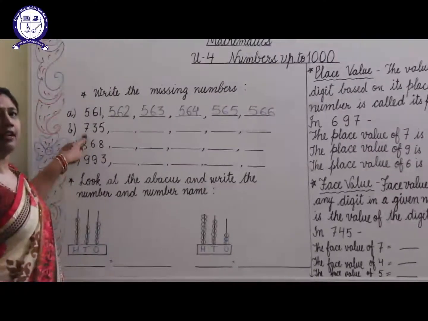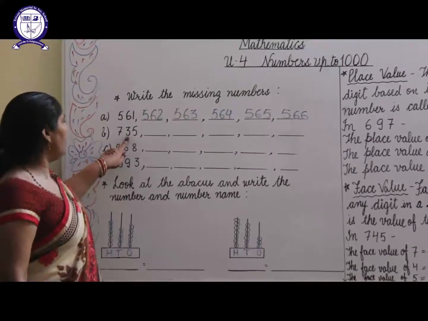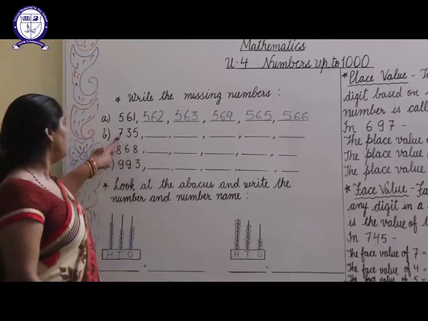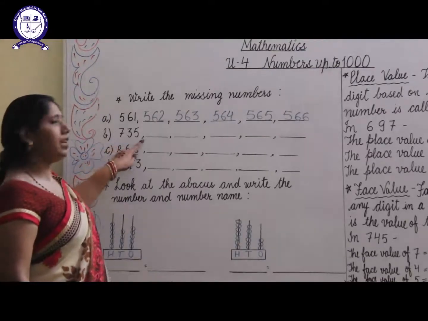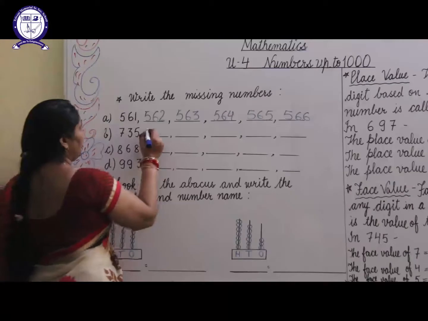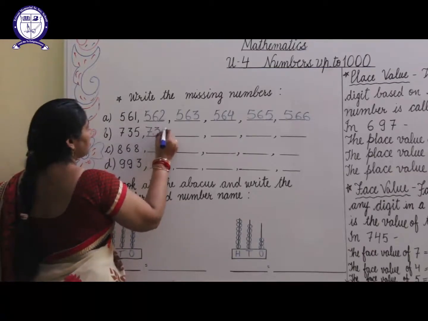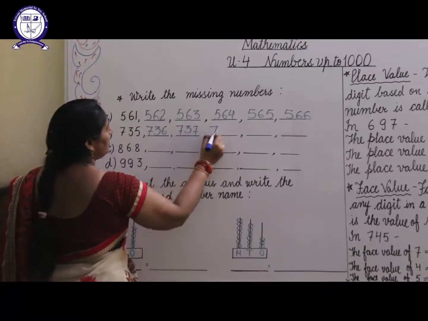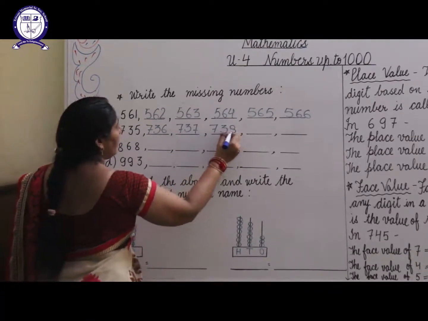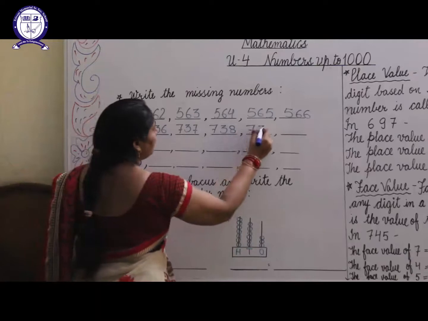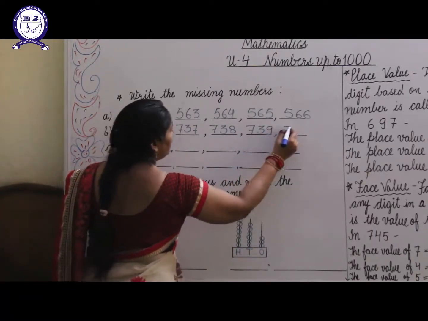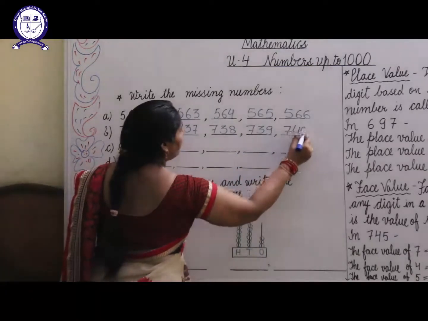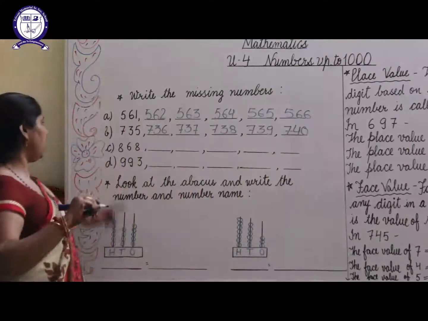Firstly we have to read the 100 place, then we have to read the tens and ones place together. 735, 736, 737, 738, 739, then 740.